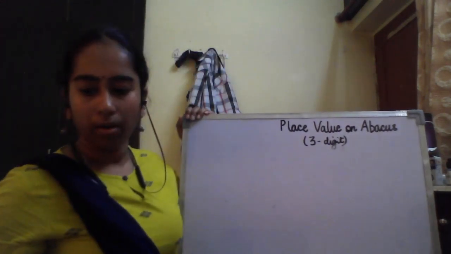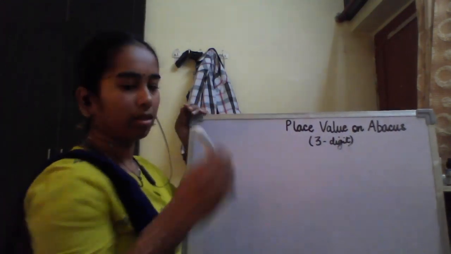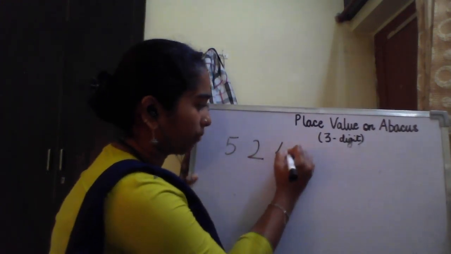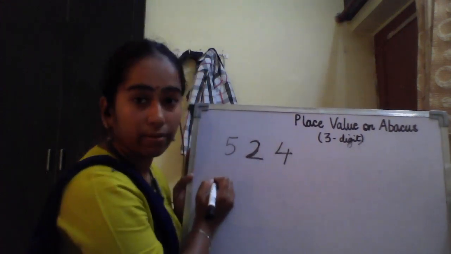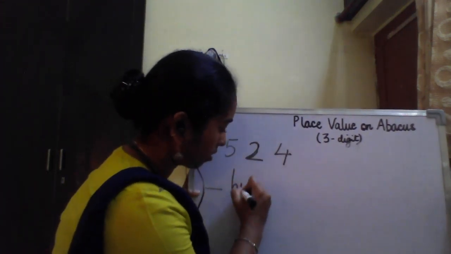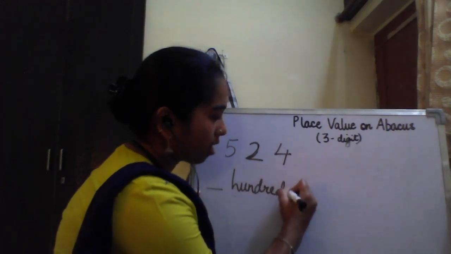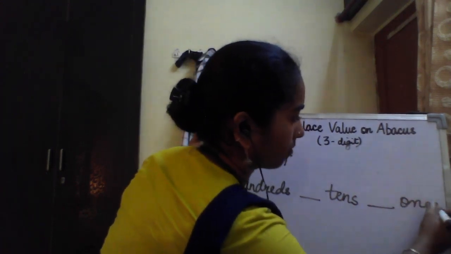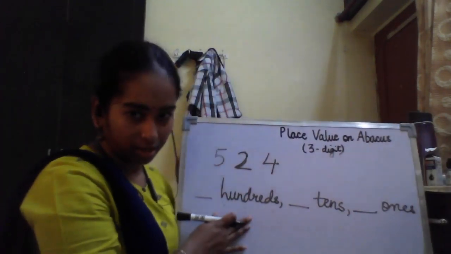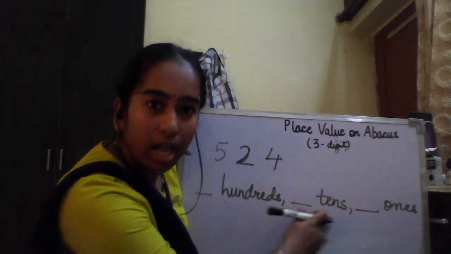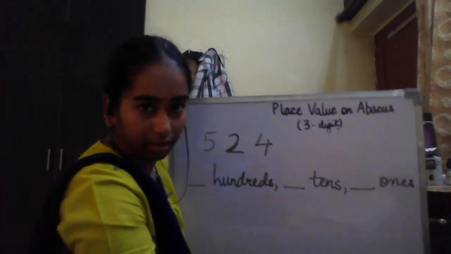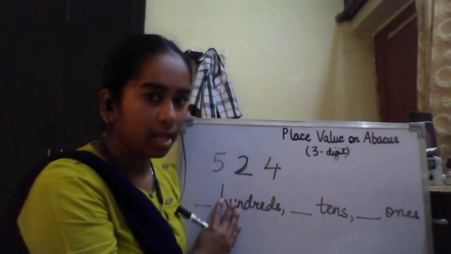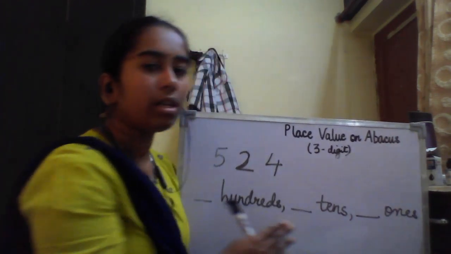Okay, now let's do the next exercise. Suppose you are given a number, 524, and you are asked how many hundreds, how many tens, and how many ones there are in this 3-digit number.